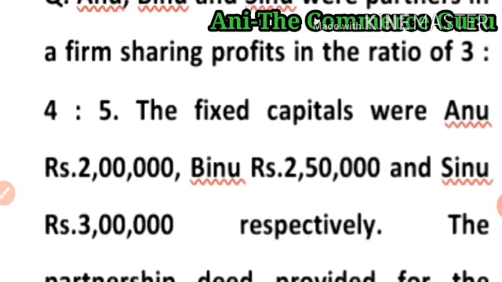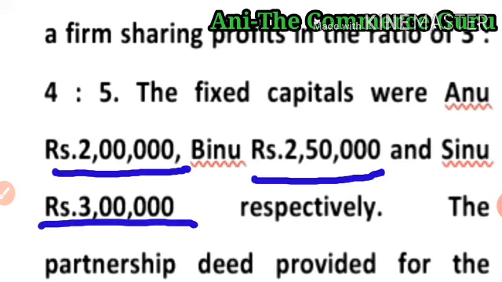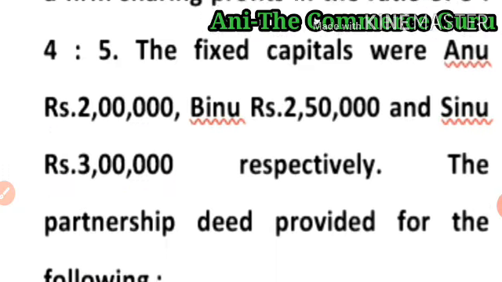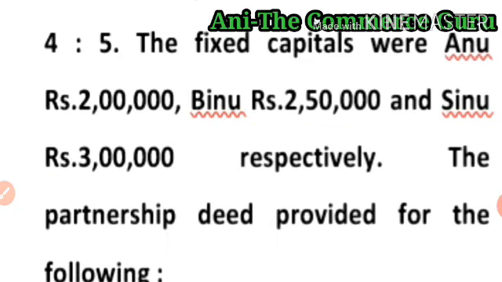The fixed capitals were Anu rupees 2 lakhs, Binu rupees 2,50,000 and Sinu rupees 3 lakh respectively. So the capitals of partners also given there.